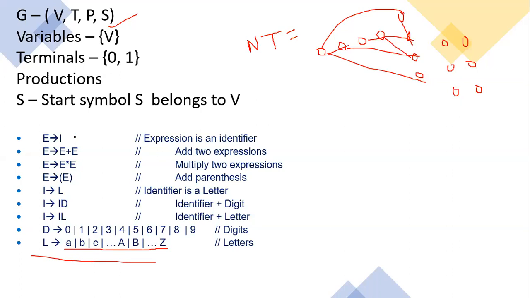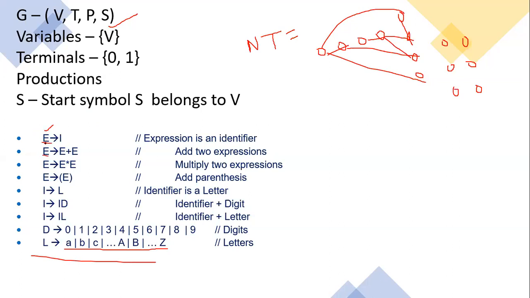Now, please tell me. Yes, Leela Nityashri, what about you, ma'am? E, I, D, L. Yes, very good. E, I, and D, L. These are the things we can say non-terminal. The letters which are represented in capital form, we can say that is the non-terminal.